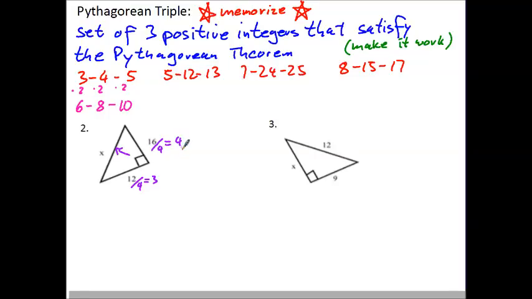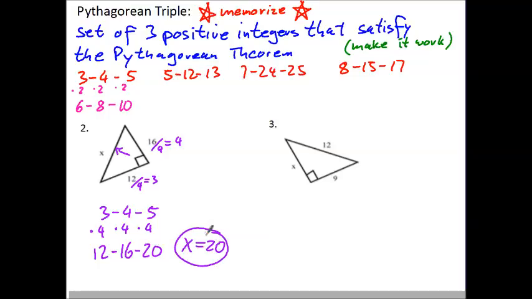And now we got 3 and 4 for our two legs, and we can realize that this is part of the first Pythagorean triple that we discussed earlier. So 3, 4, 5. If we multiply each of these by 4, we get our 12 and our 16 back, and we get 20 for the length of the hypotenuse. So x is equal to 20.